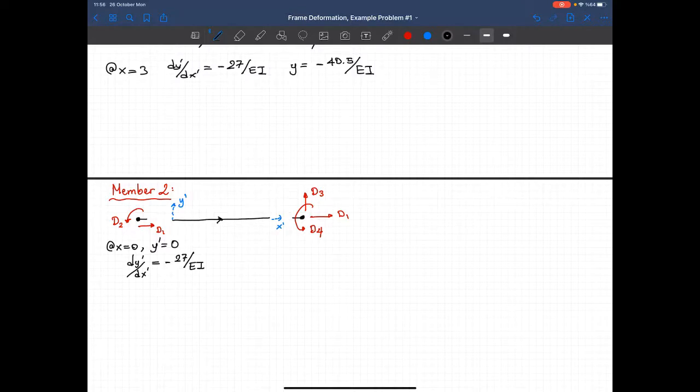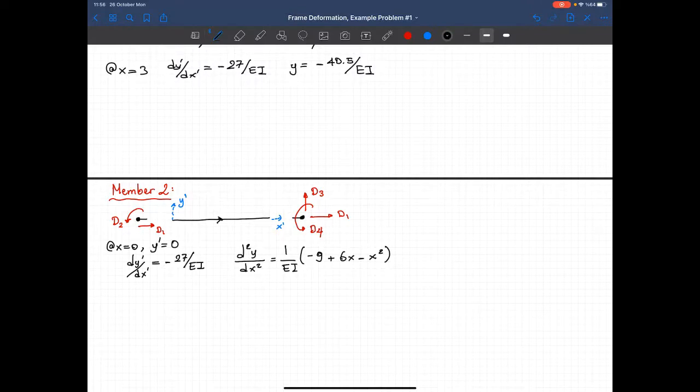Now I can write the differential equation. d squared y divided by dx squared is equal to 1 over EI times the equation for the moment. And the equation for the moment is minus 9 plus 6x minus x squared. That's the governing differential equation for bending deformation.